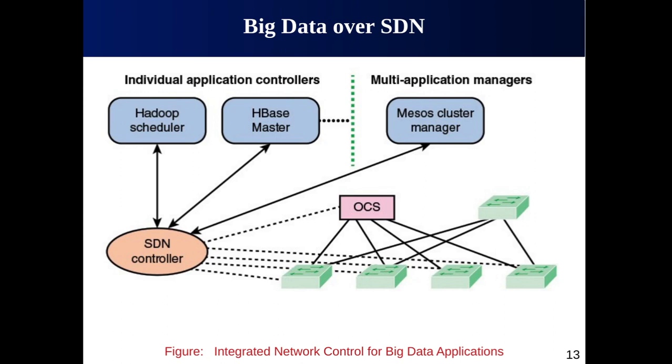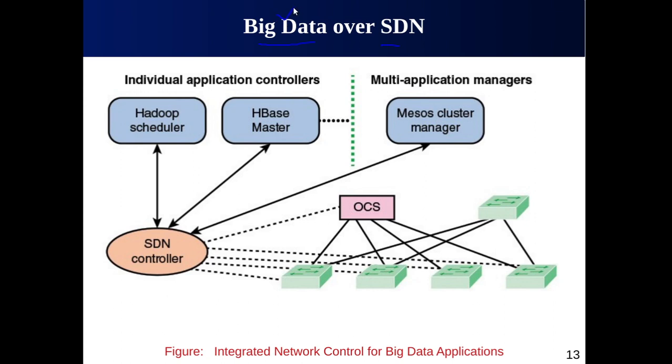For that, we are going to study two examples. The first one is related with big data. Everybody is talking about big data. It is everywhere. Now, our problem is to use the SDN concept to optimize data center networking for big data applications.